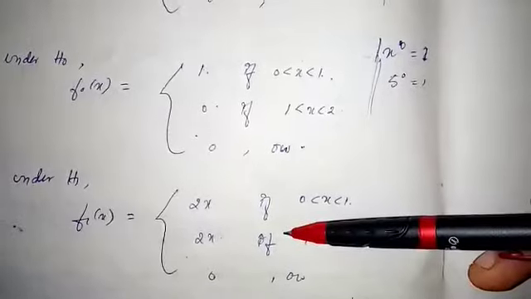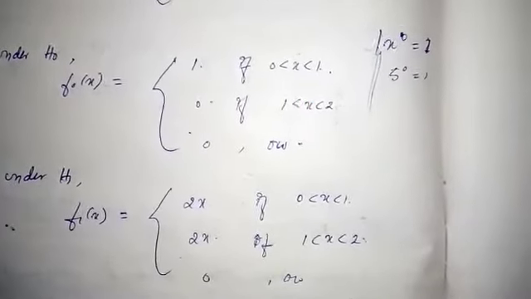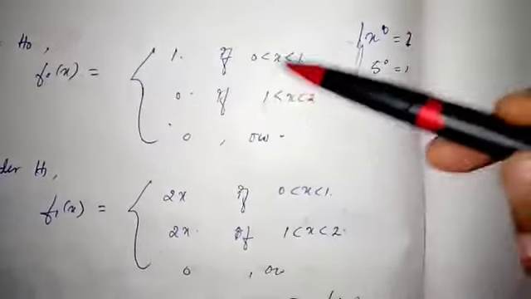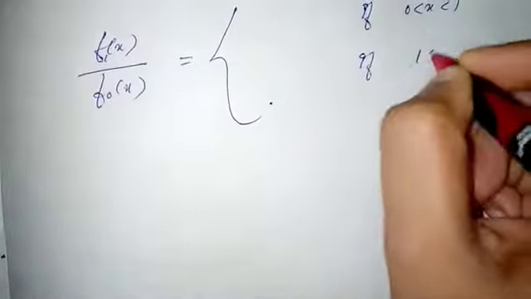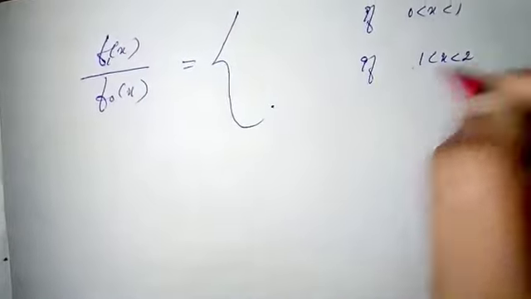We need to take the ratio of f1(x) and f0(x). First we will write the ranges, then we write the ratio. The ranges are 0 less than x less than 1, 1 less than x less than 2, and otherwise.